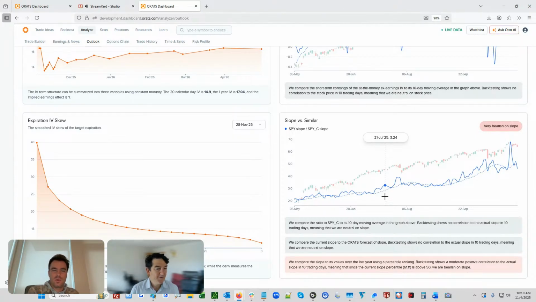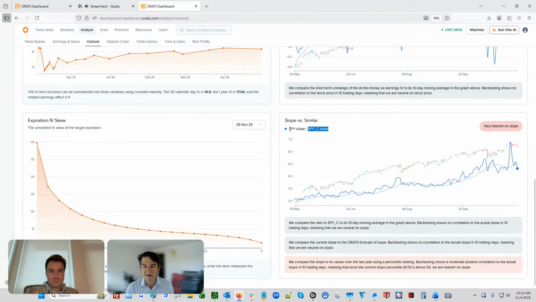So what's this slope versus similar chart that you're looking at? So we don't want to look at SPY in a vacuum. We want to look at the slope of SPY, meaning how steep that is, versus its components.